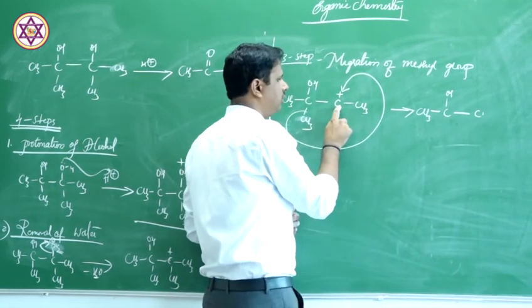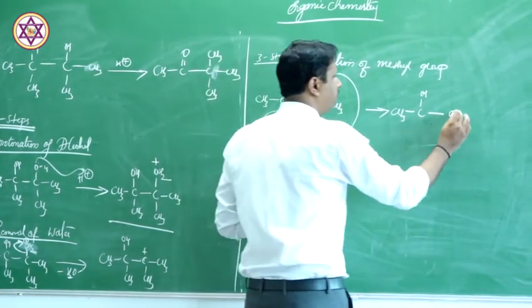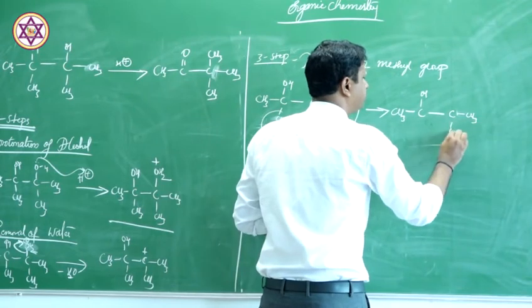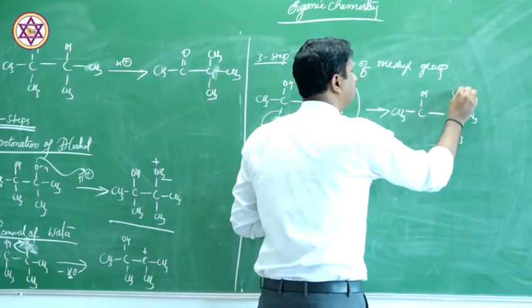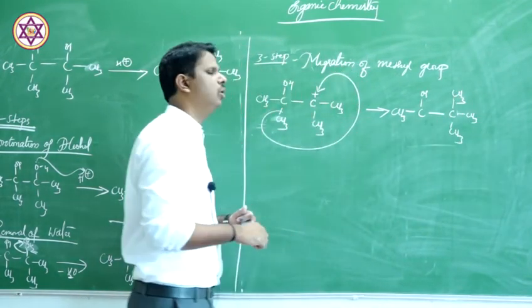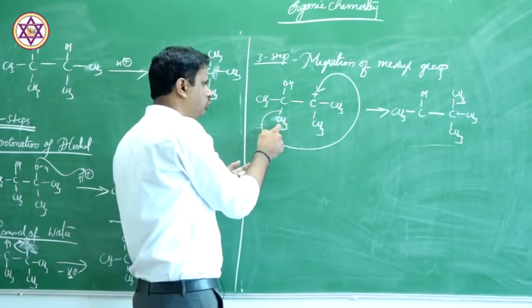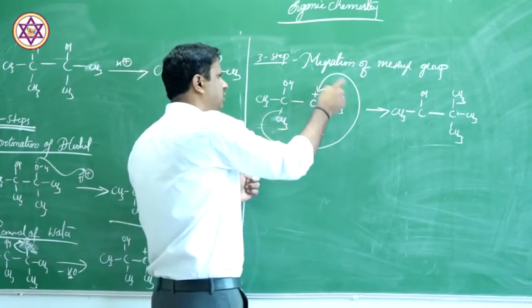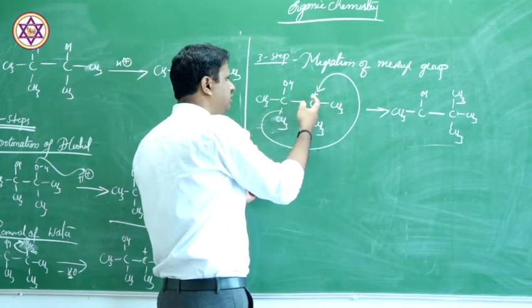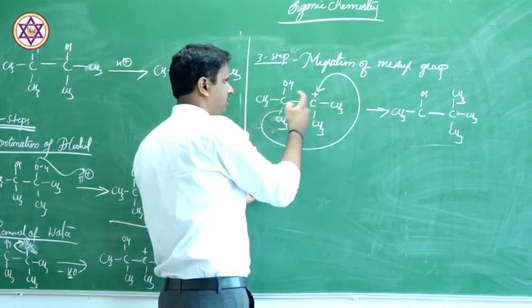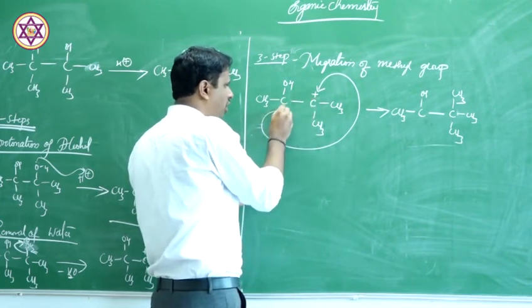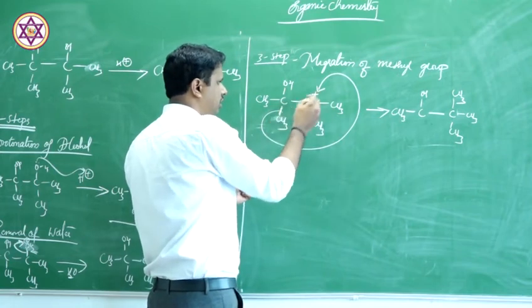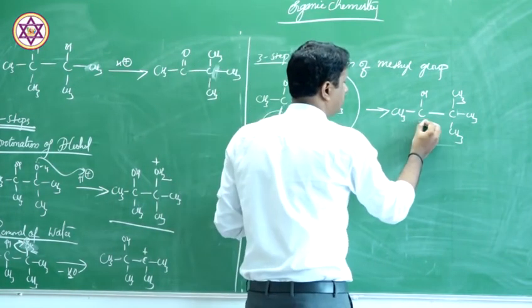To this carbon, there were two methyl groups earlier. Now there is a new methyl group here. Since this methyl group migrated from this carbon to this carbon, the positive charge shifts from here to here, because this methyl group is going with this bond's electrons to join here. So this carbon gets the positive charge.